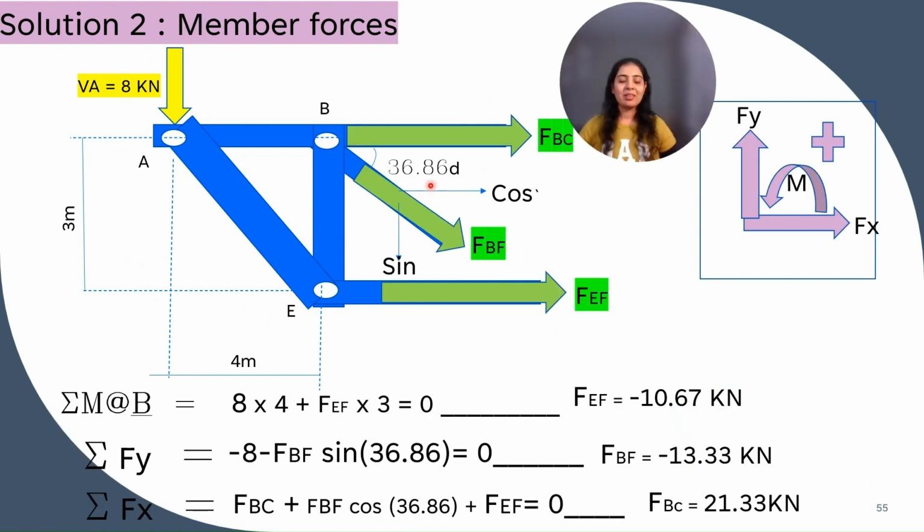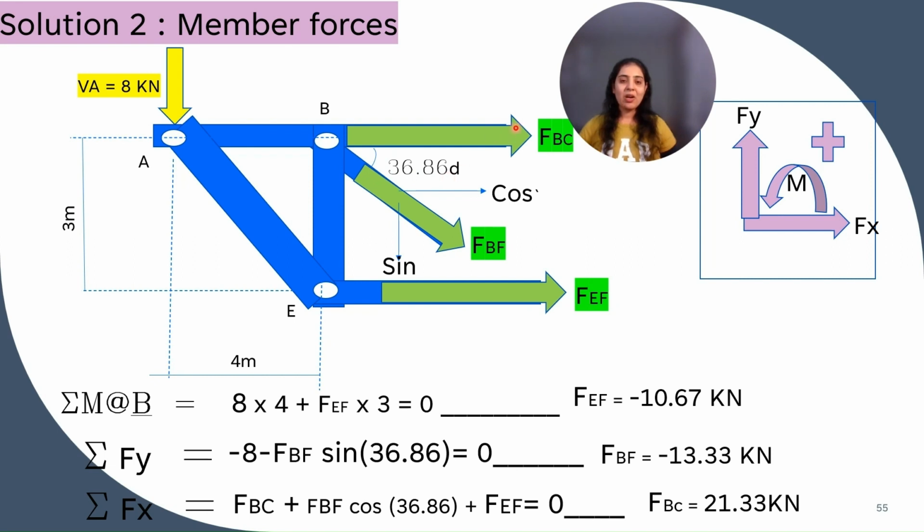For the members which have been cut, we have assumed them as tensile, that is the forces in the members are tensile, acting away from the joint. So these are shown like this: FBC, FBF and FEF, and this angle is 36.86 degrees.